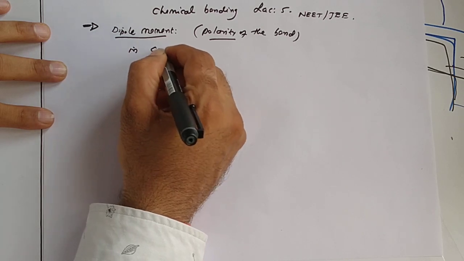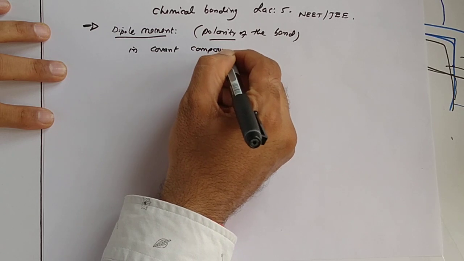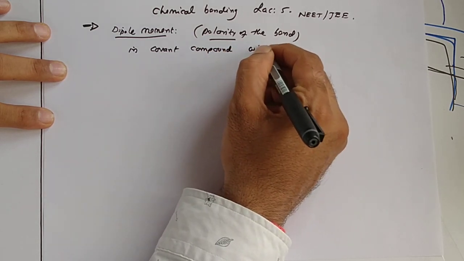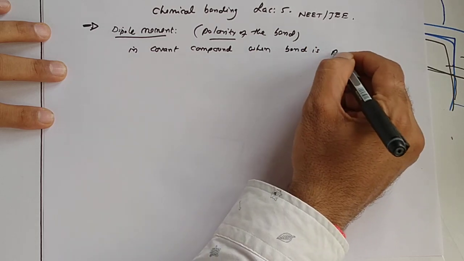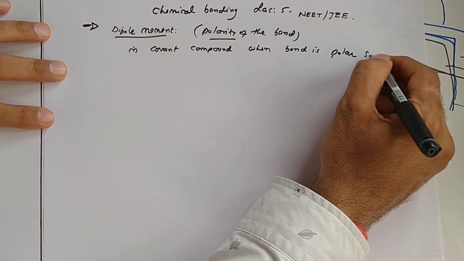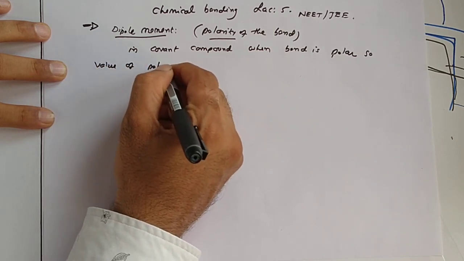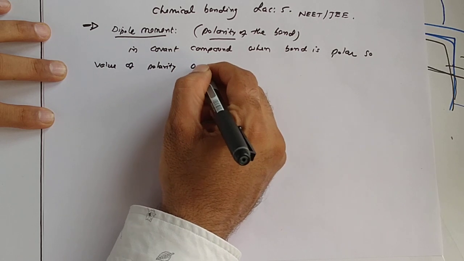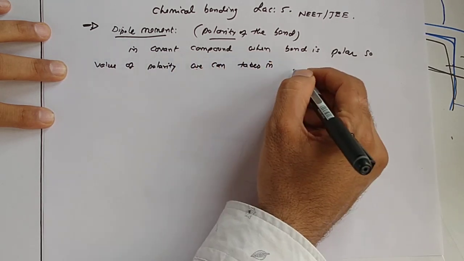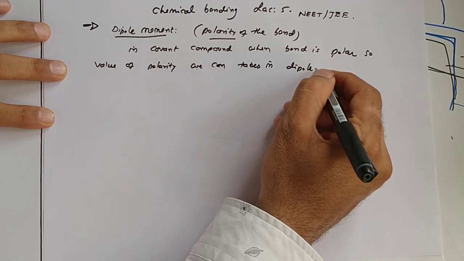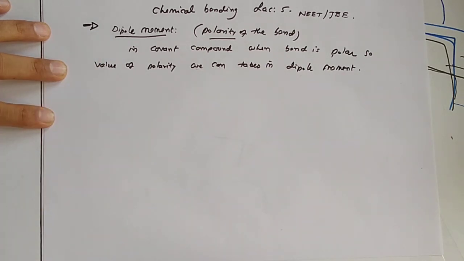In a covalent compound, when a bond is polar, the value of polarity we can take in dipole moment. Understood?